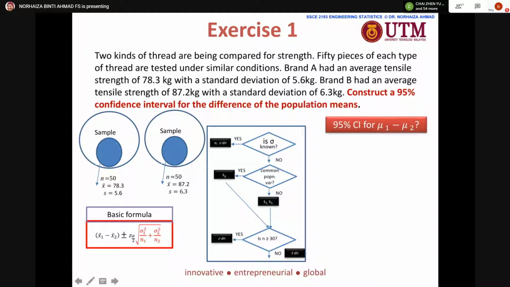So in this case, do we know our population variance, class? No, we do not know our population variance. No population variance. Therefore, we need to go down. Is the population variance common between the two?